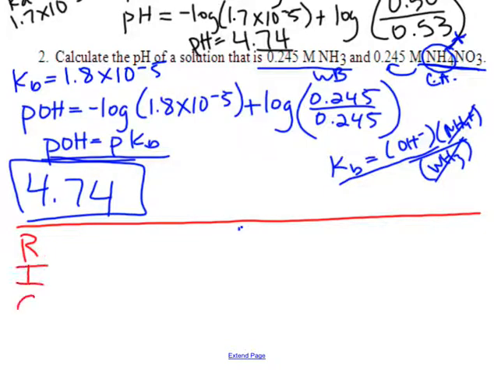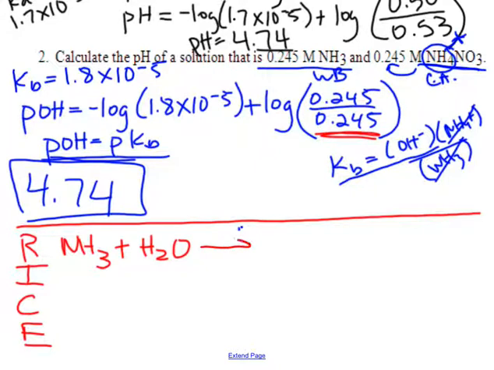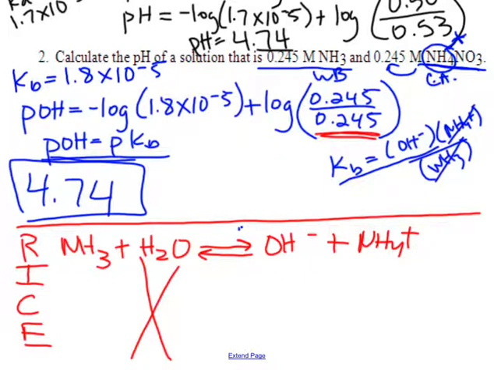You can say, okay, I'm going to take my weak base or my weak acid and add it to water. So in this case, it's our weak base. And you have to do it in that direction. It's the weak base or weak acid, the thing that's in the denominator here. Add it to water, and we get what? OH minus plus NH4 plus. The only difference in this problem to anything you've done is you now have 2 initial concentrations.